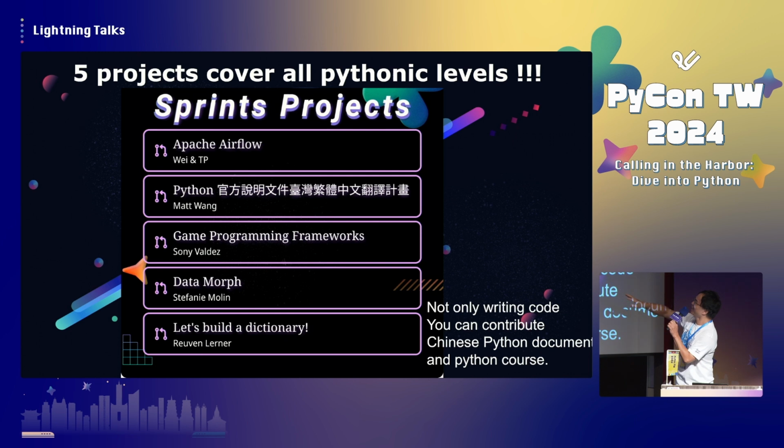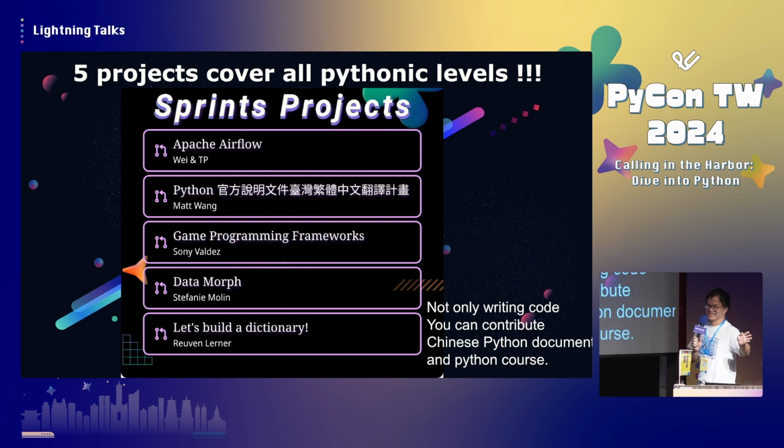The second one is translating the Python documents into Mandarin Chinese. If you don't know how to write code, you can still contribute. The third one is Sony. She's so funny, so please join that. The fourth one is Data Modes, from Stephanie Molin.